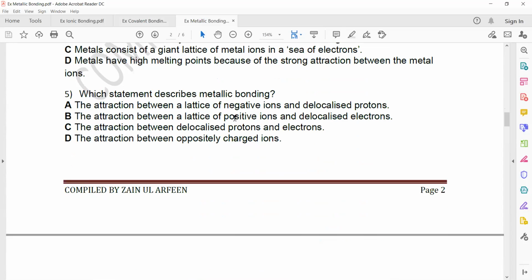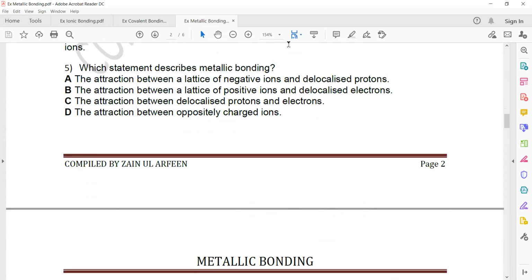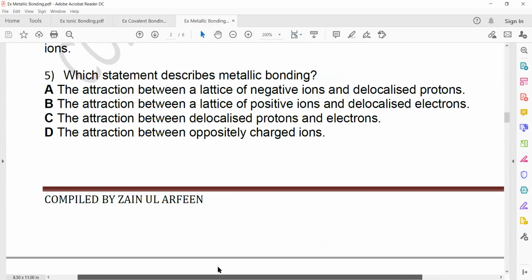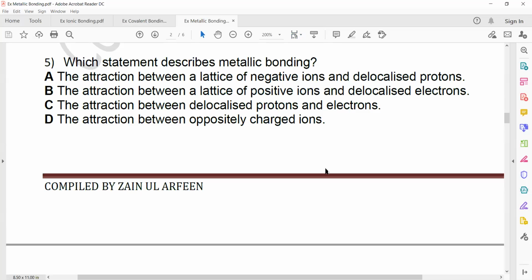Which statement describes metallic bonding? In metallic bonding, it's an attraction between the positive ions and the delocalized electrons.